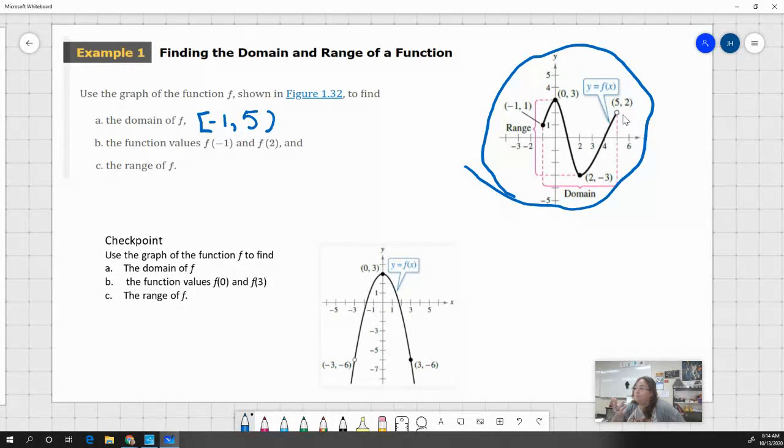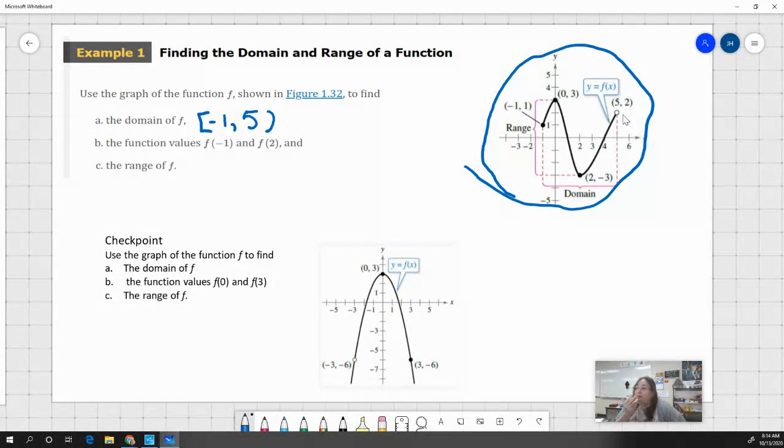When we're talking about B, it says the function values of f at -1 and f at 2. You could read that as f of -1 or f of 2. Does anyone know what it means by the function values, f of -1 and f of 2? It's a lot simpler than you might even imagine.